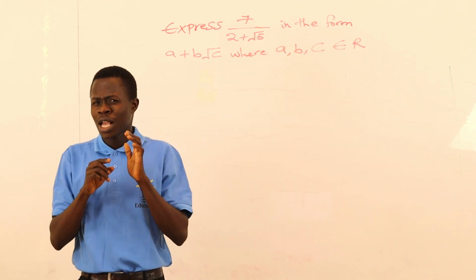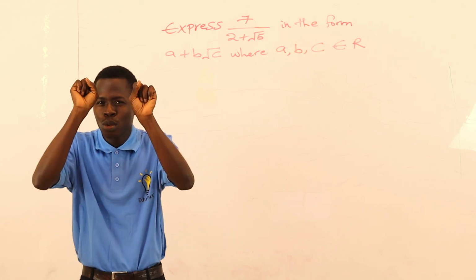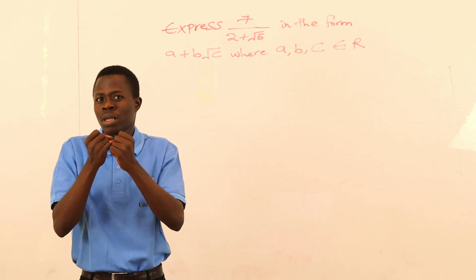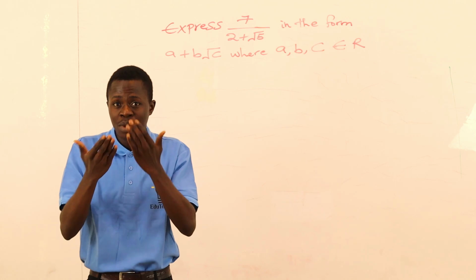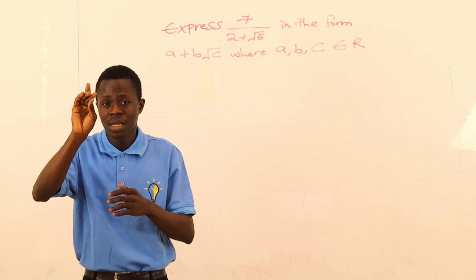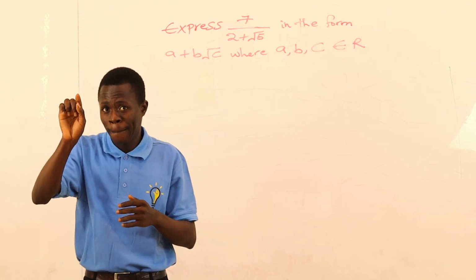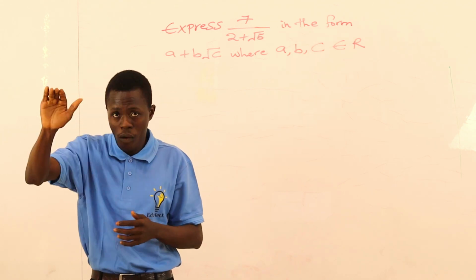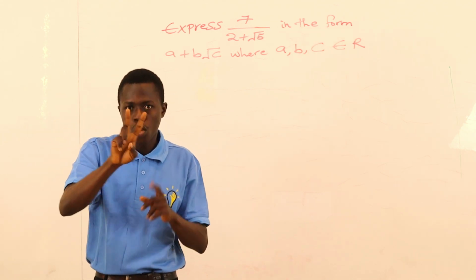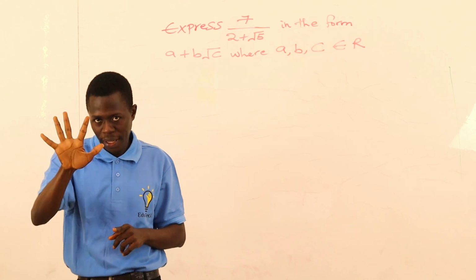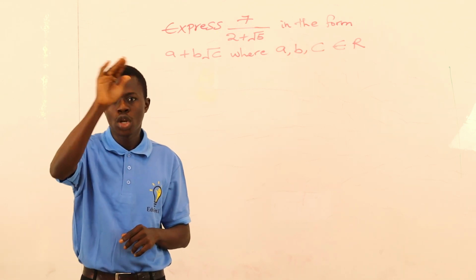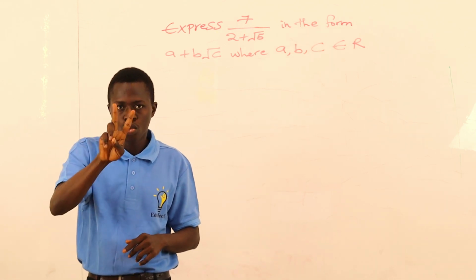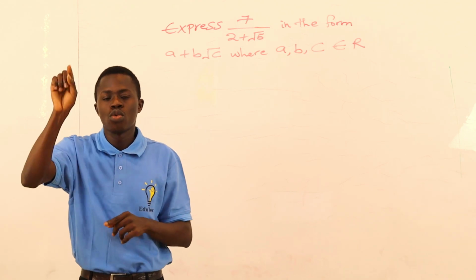It is asking us to rationalize the expression 7 divided by 2 plus the square root of 5.